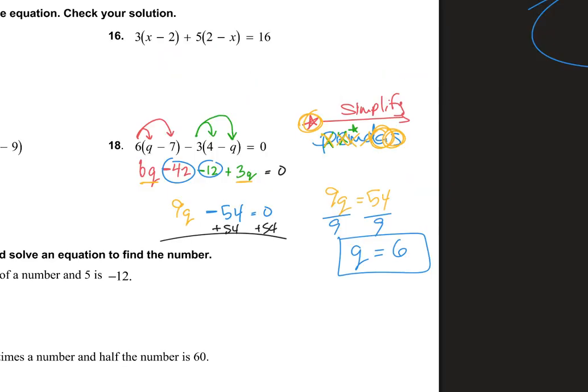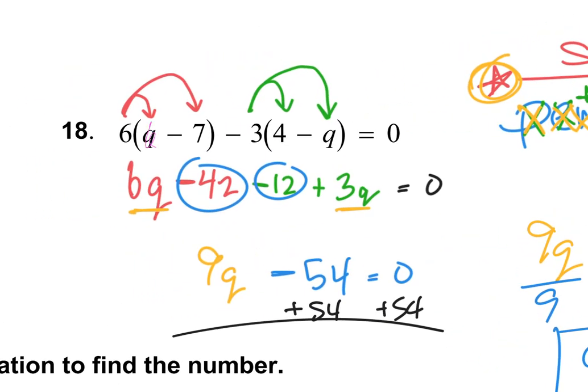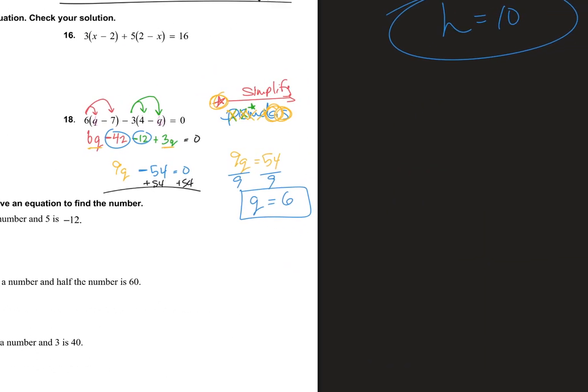Oh boy, this is one that I'm supposed to check my answer, so let's do that. Let's take that 6 and plug it in here and here. Actually, let me not be lazy and let's write them out. 6 times (6 minus 7) minus 3 times (4 minus 6) equals 0.